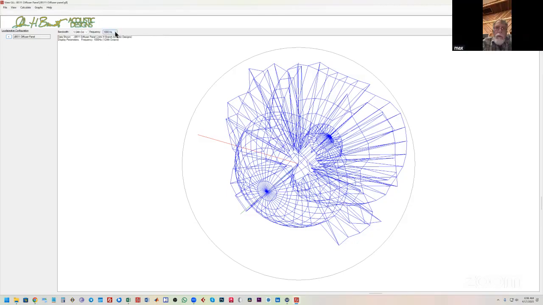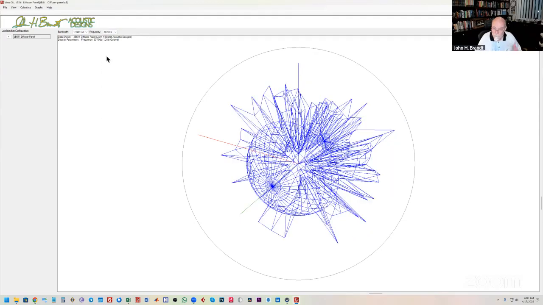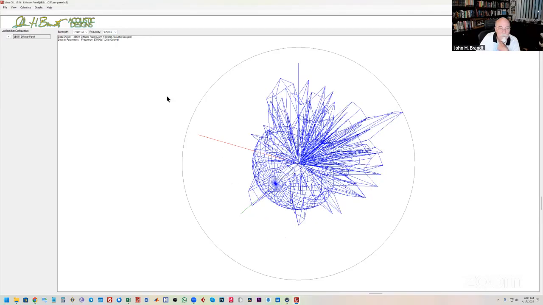At 1,000 hertz, it's not doing much. Let's go to 3K, okay? Still not much. A lot of speculars on the side. Let's get to half the set frequency. Hello, it doesn't seem to be acting right.